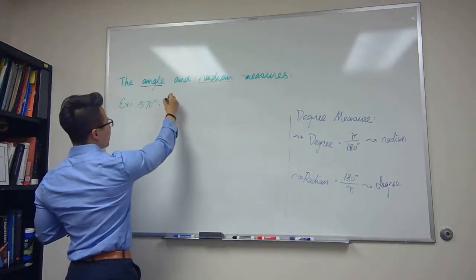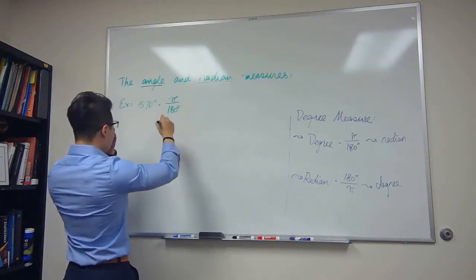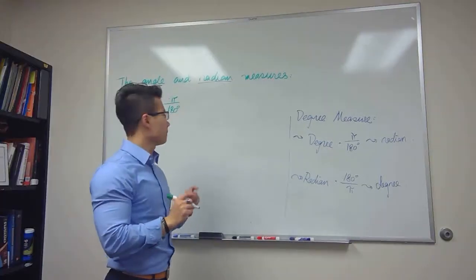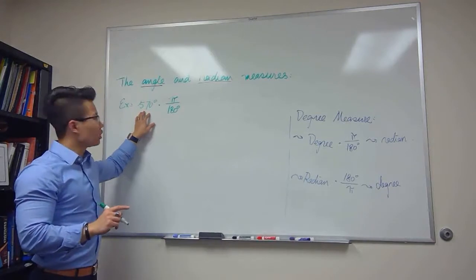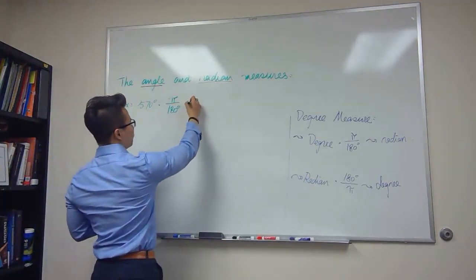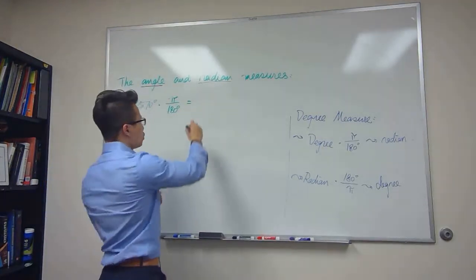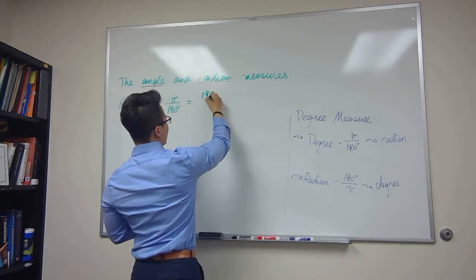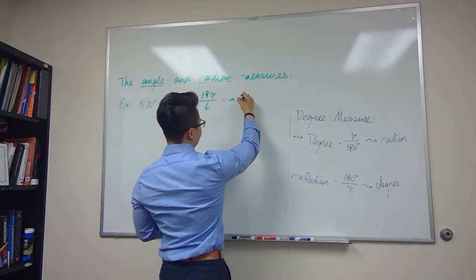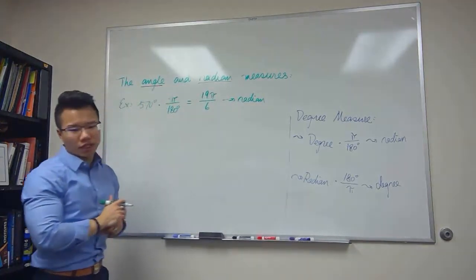So by multiplying by pi over 180 degree, with the 570 degree, and if you simplify these things a little bit, it should be able to turn into 19 pi over 6, which is a radian.